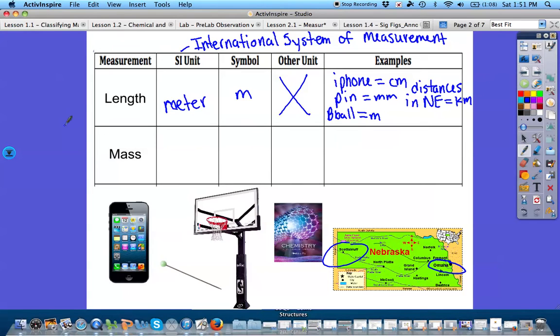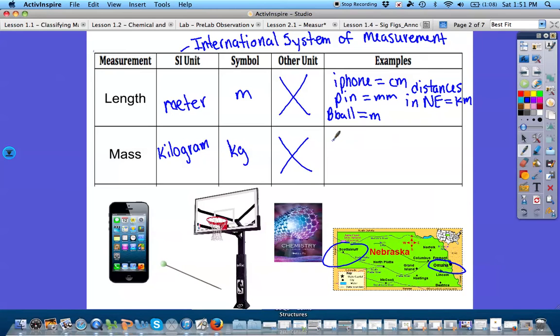The SI unit for mass is a kilogram. And the symbol for that is a lowercase k, lowercase g. We don't really have any other units that are not based off of the kilogram.